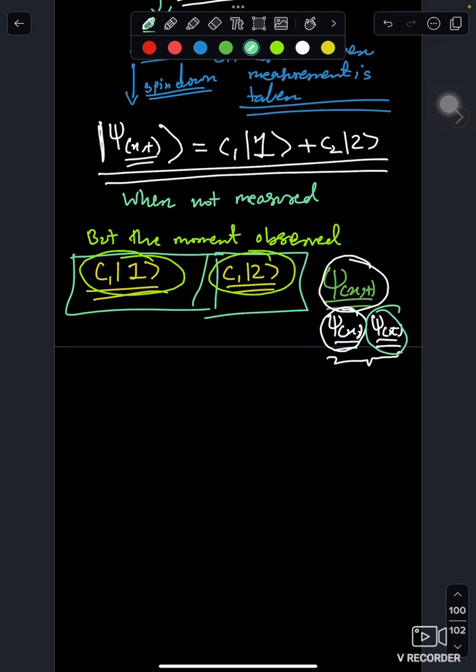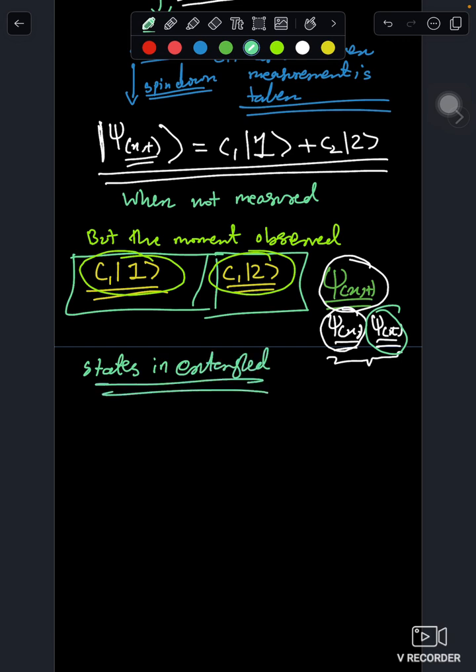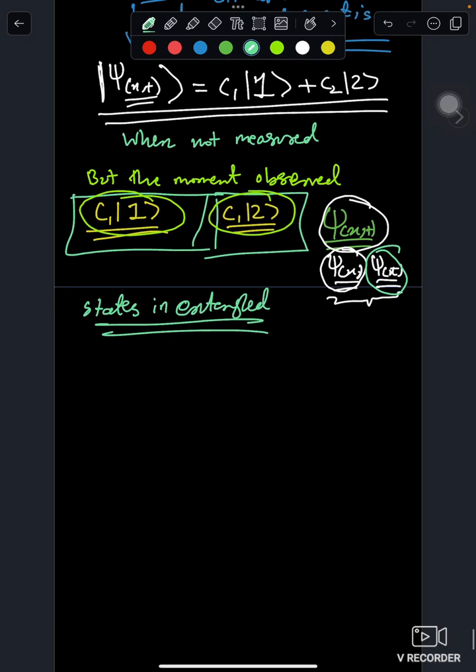Okay, so there's a way to create entangled states, meaning how can we make two different states, let's suppose state 1 and state 2.